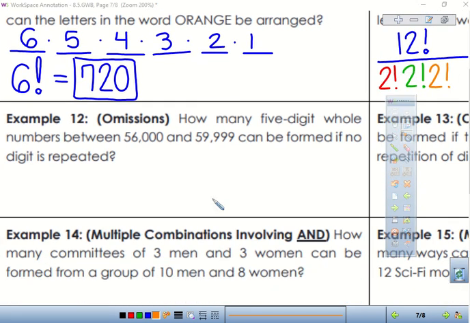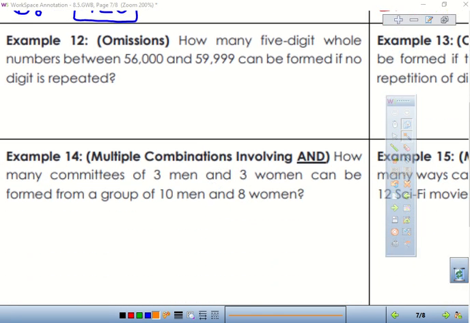So this one, bear with me, this one's a little bit confusing, so make sure you're with me on this question. So we have a 5-digit whole number between 56,000 and 59,999, and how many of those can be formed if no digit repeats? So we have a 5-digit number. Let's write it out.